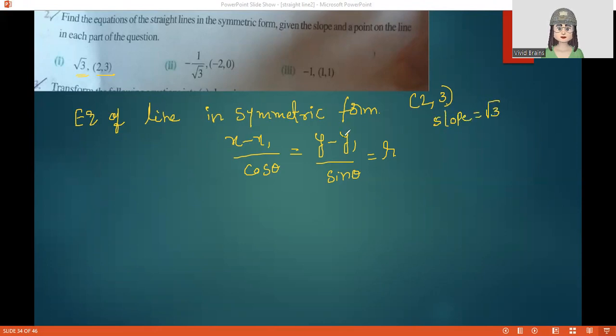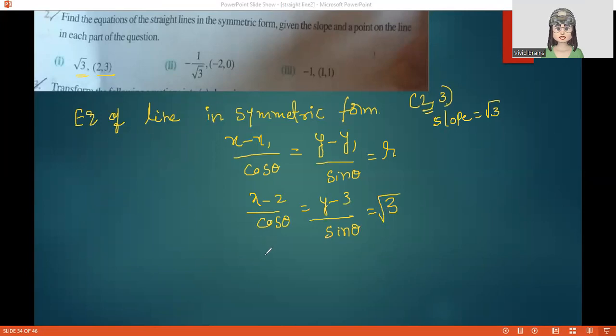Root 3. Okay. x minus 2 by cos theta, the x coordinate is 2, and y minus 3 by sine theta is equal to root 3. Then x minus 2 by cos 60, y minus 3 by sine 60.